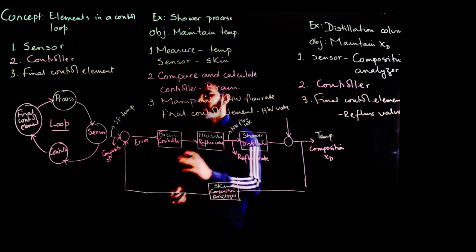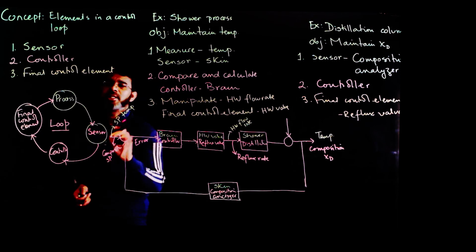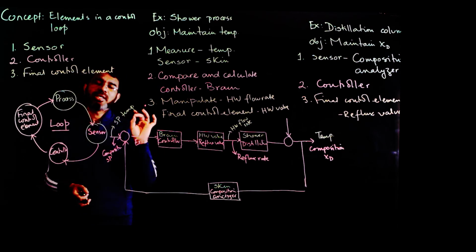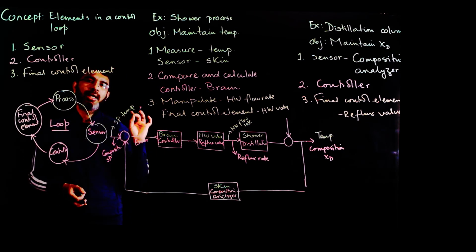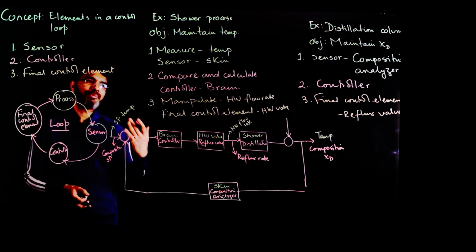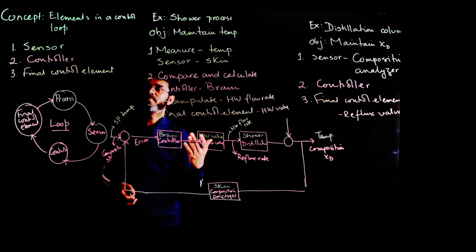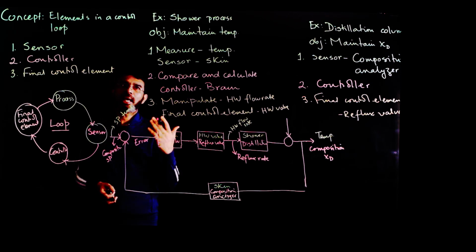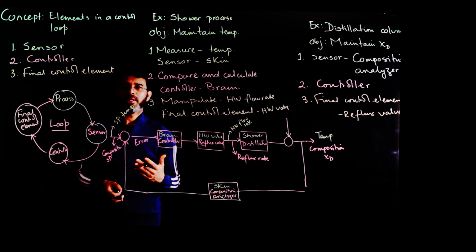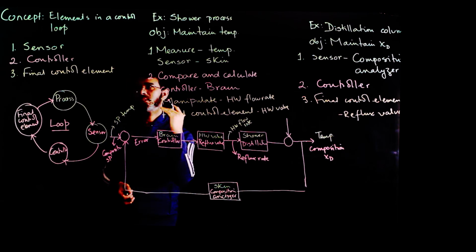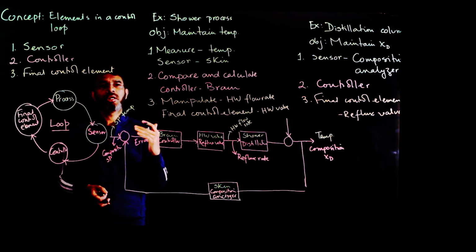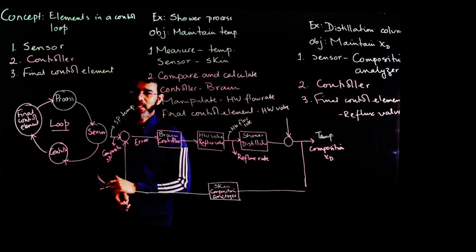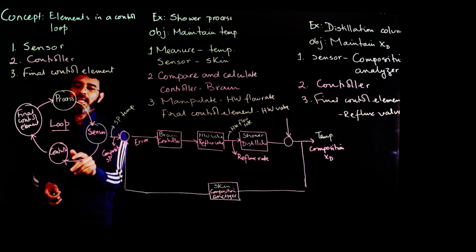So in summary, for every control loop there are three elements: a sensor, a controller, and a final control element. The steps we follow are the same for every control problem: measure, compare and calculate, and then manipulate. These three elements do these three steps, and all this is done in a loop.